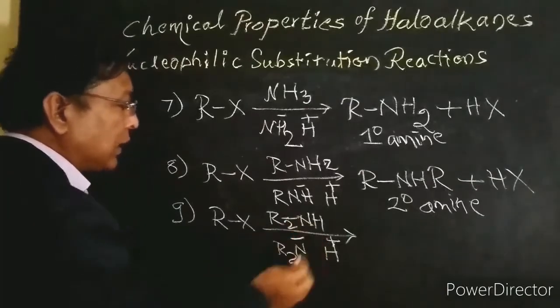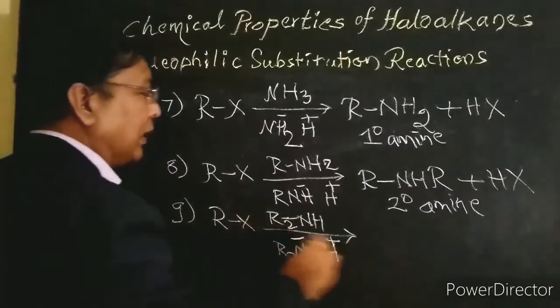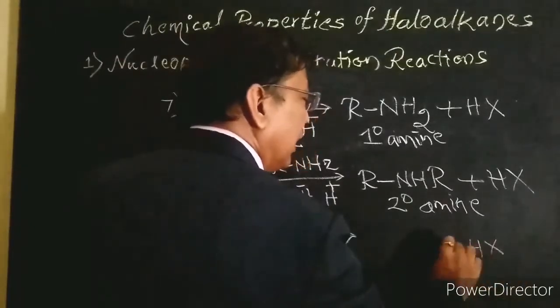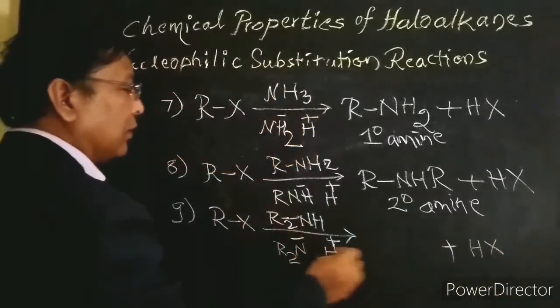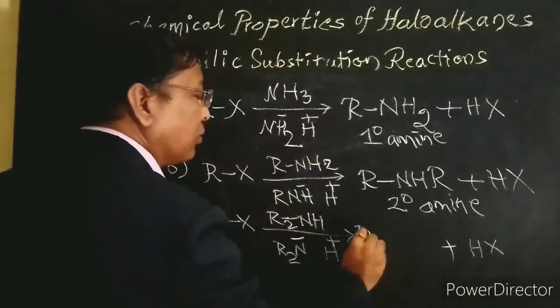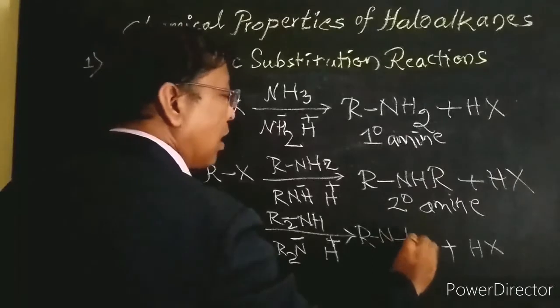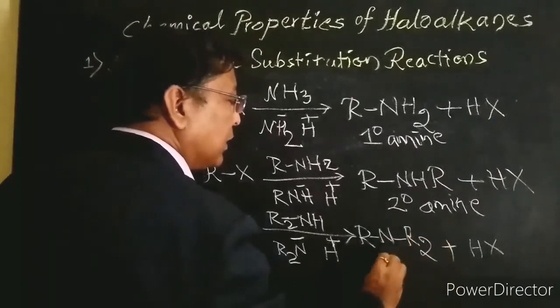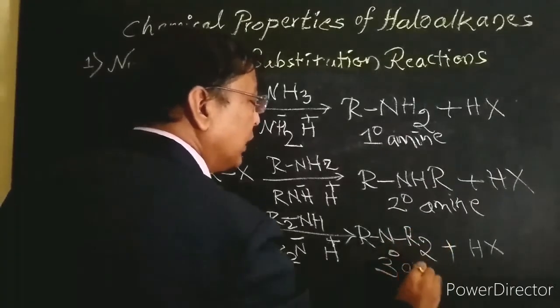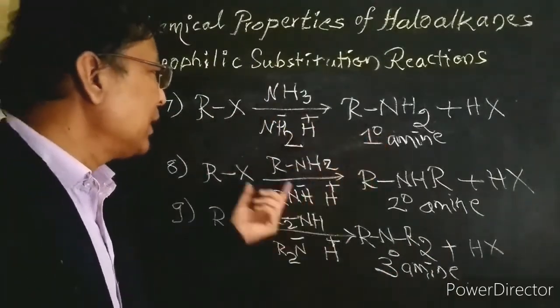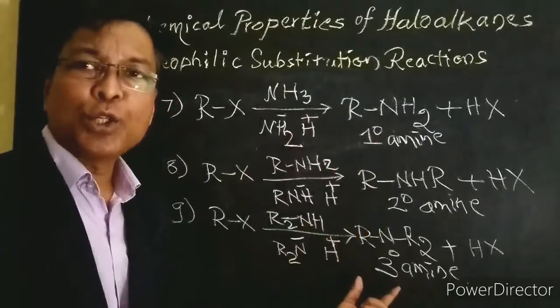Therefore, this R2N minus is the nucleophile here. So H plus will form HX and the nucleophile attacks this alkyl group. So we get R3N. This is a tertiary amine. So in this way, alkyl halides can be converted into primary amine, secondary amine and tertiary amines.